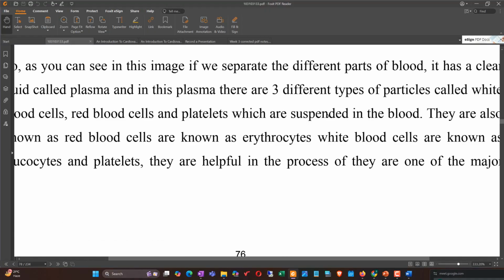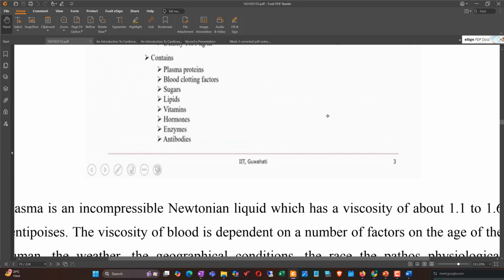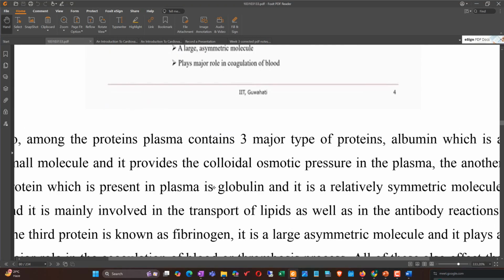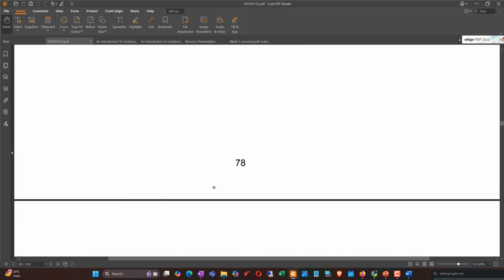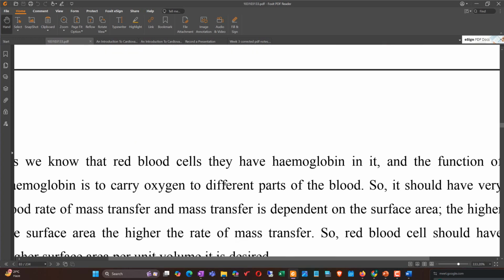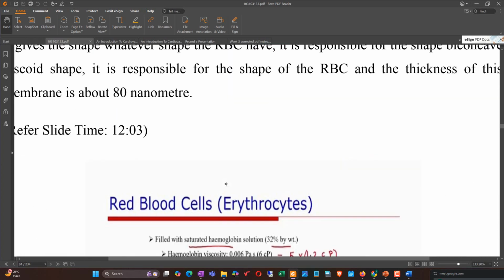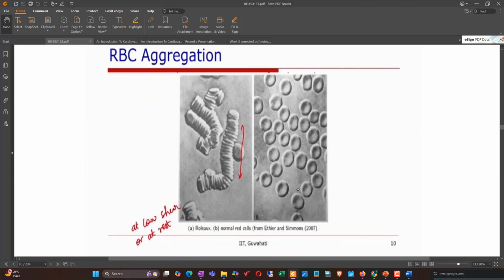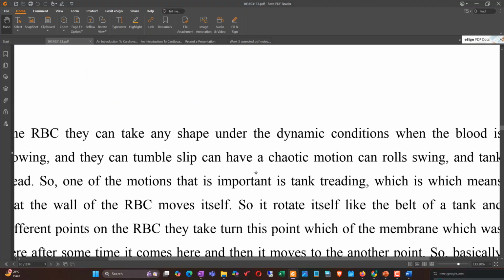About the morphology of the blood, what it contains, like plasma, protein, blood clotting factors, sugar, lipid, vitamin, hormone, enzyme, and antibodies. Everything has been discussed. Plasma, red blood cells, the shape of the red blood cells we have already discussed properly. Erythrocyte aggregates, what happens at high shear and low shear with the blood.